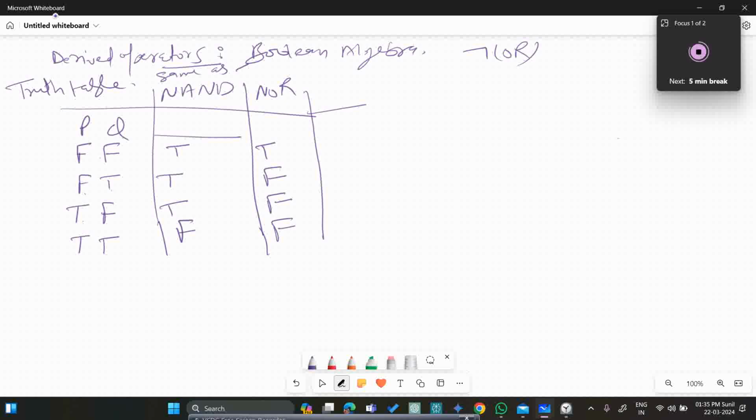And third would be XOR. When both variables are similar, then it is false. If they are different, then it is true. So XOR would be false, true, true, false.